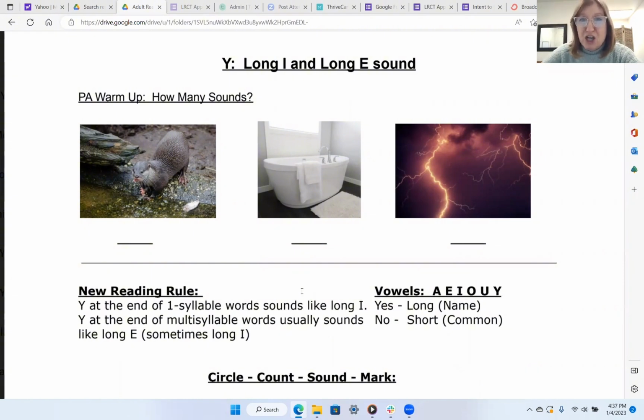So according to the chat, those were pretty difficult. So I want to give you a few more. I want to practice a little bit more on that before we go on. And I want to get it down maybe a little more simple. So how many sounds, I say simple, but I always make them hard, don't I?